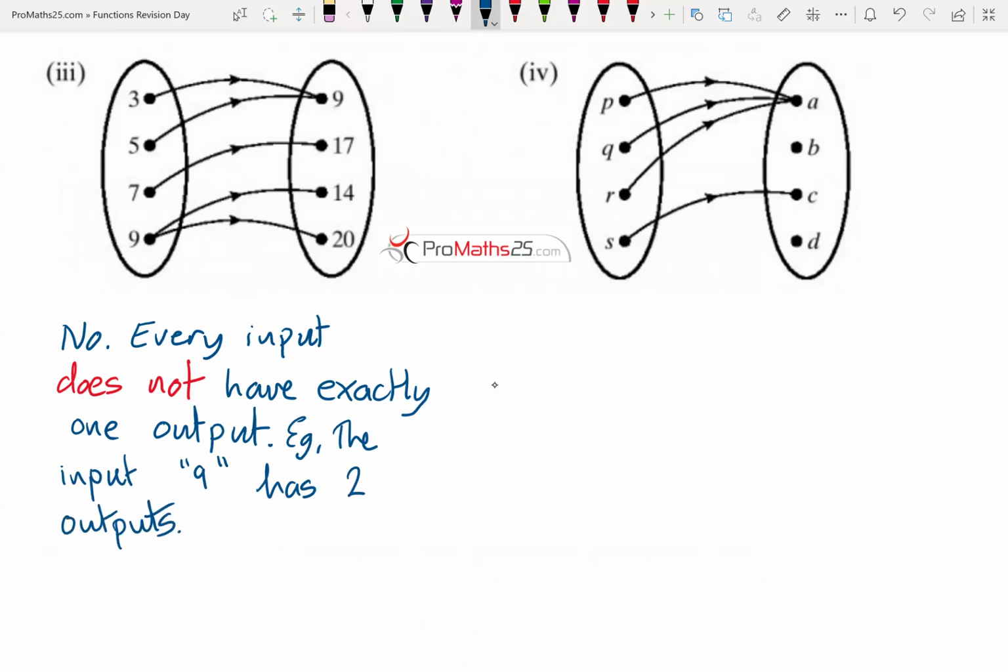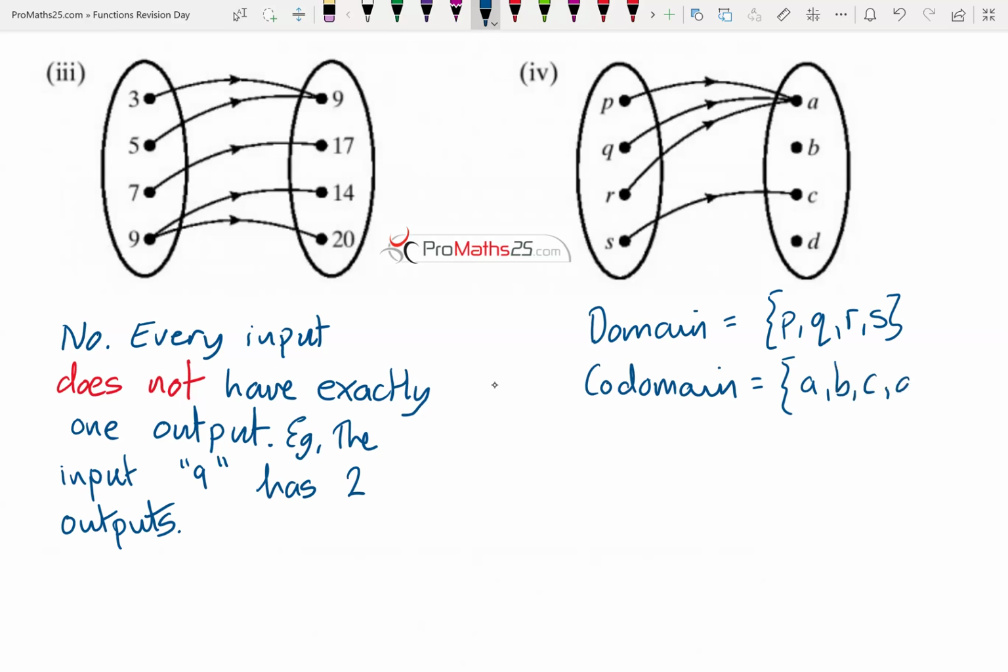Now let's look at this one here. Is this a function? Well, let's play around with it. Let's look at the domain, the set of possible inputs. You can see that's P, Q, or S. Let's look at the codomain. We're only playing with this now, just a little bit of revision. Possible outputs, A, B, C, and D. The range, let's look at the range.